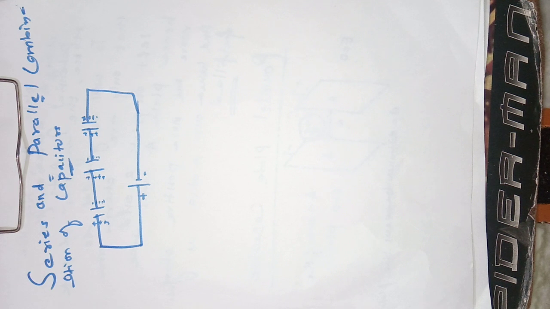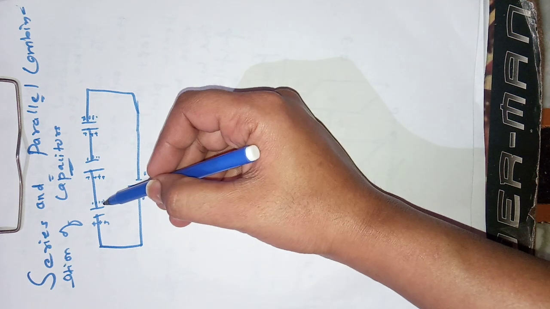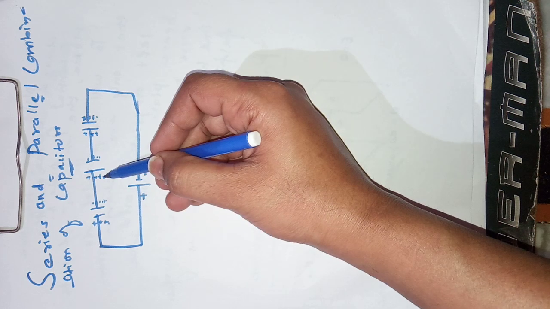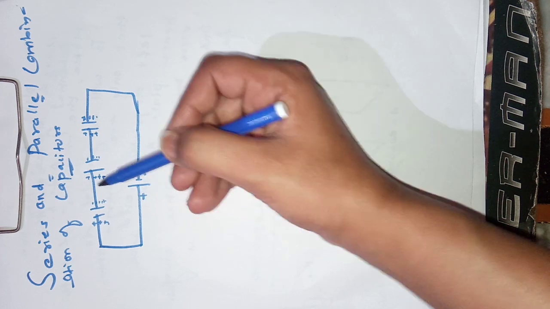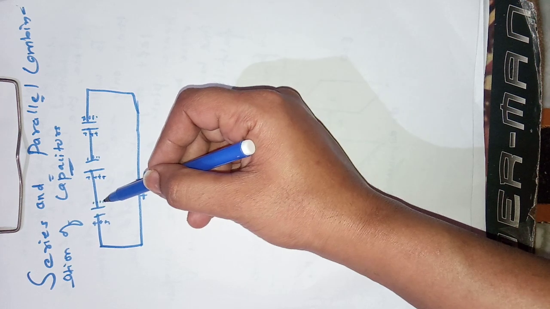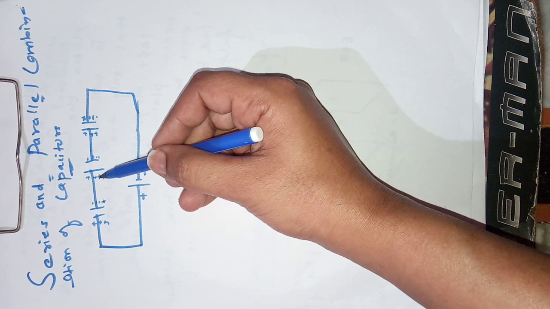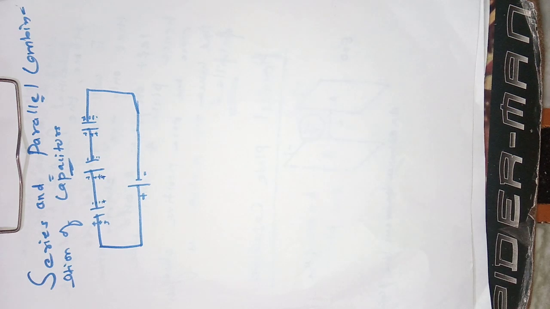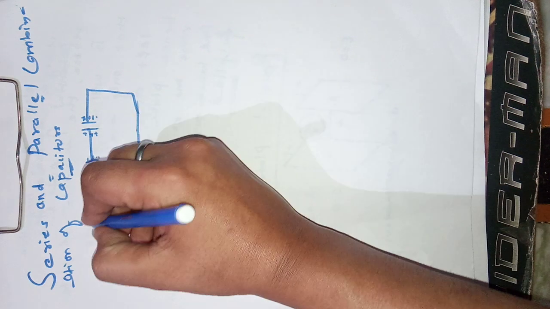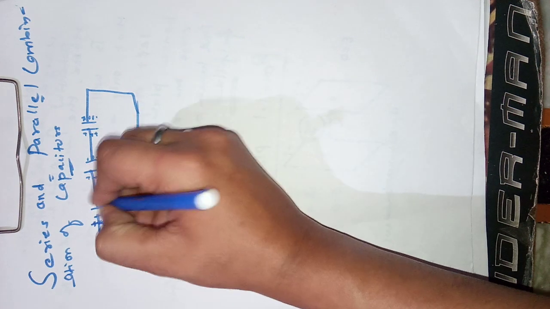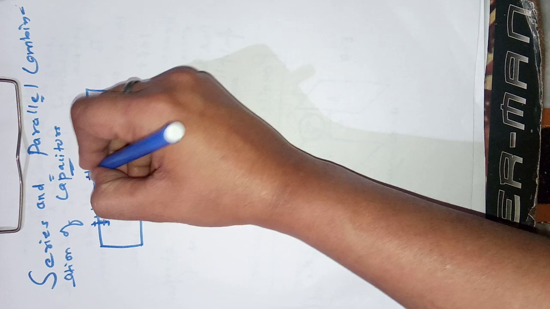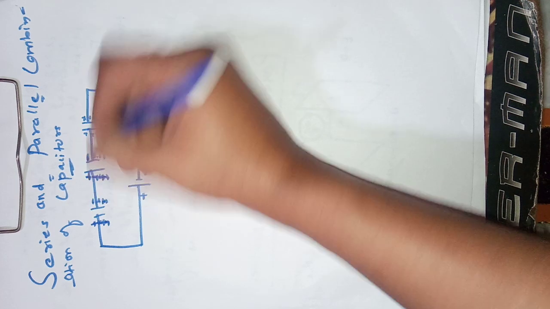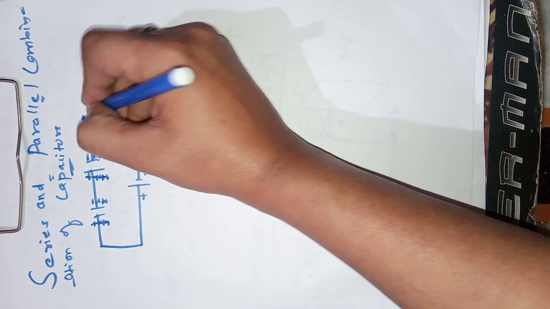You can see from here that the negative of each capacitor is connected to the positive of another capacitor. We have positive on this side and negative on this side.